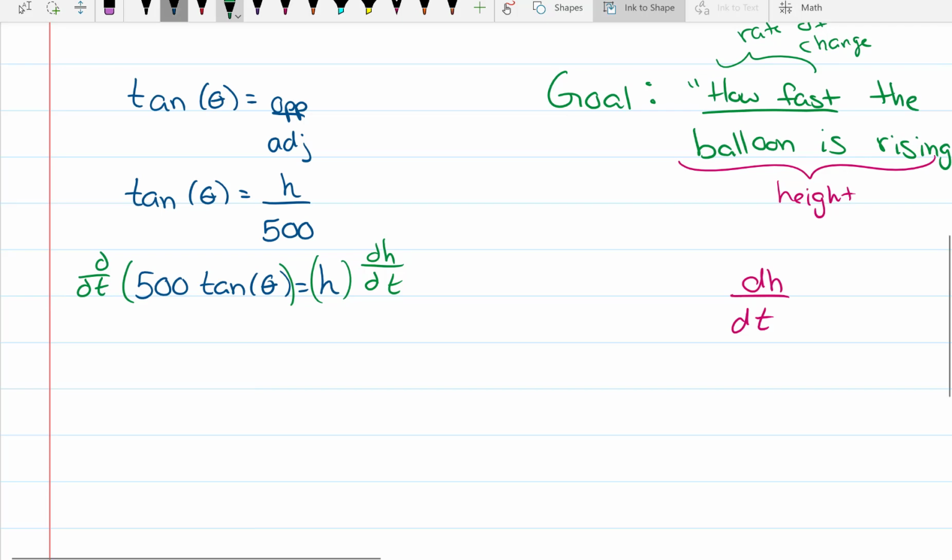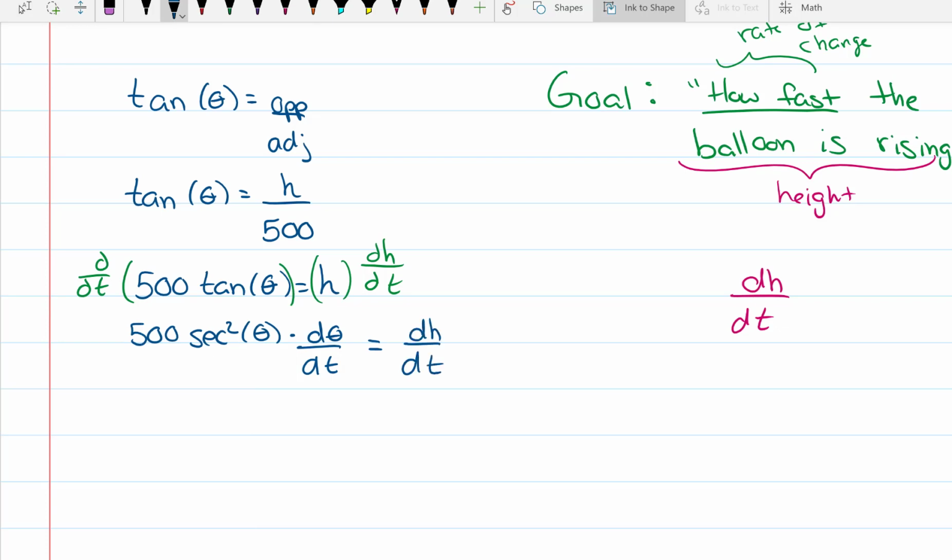So we're going to get that 500, the derivative of tangent is secant squared theta times d theta dt, because we have to use the chain rule since we're using implicit differentiation, is equal to the derivative of h, which is 1 times dH dt.